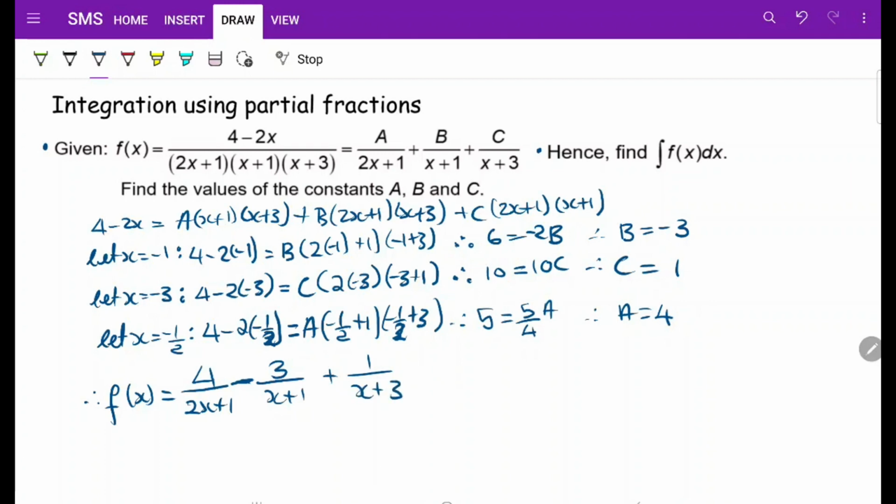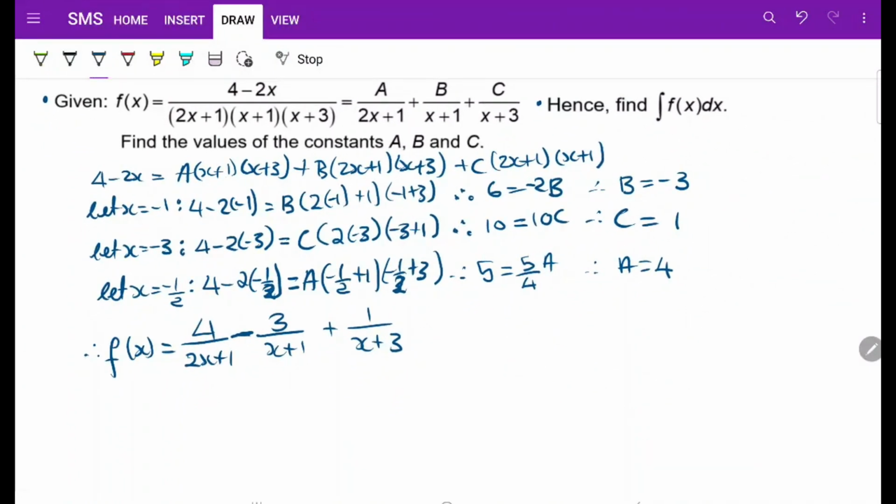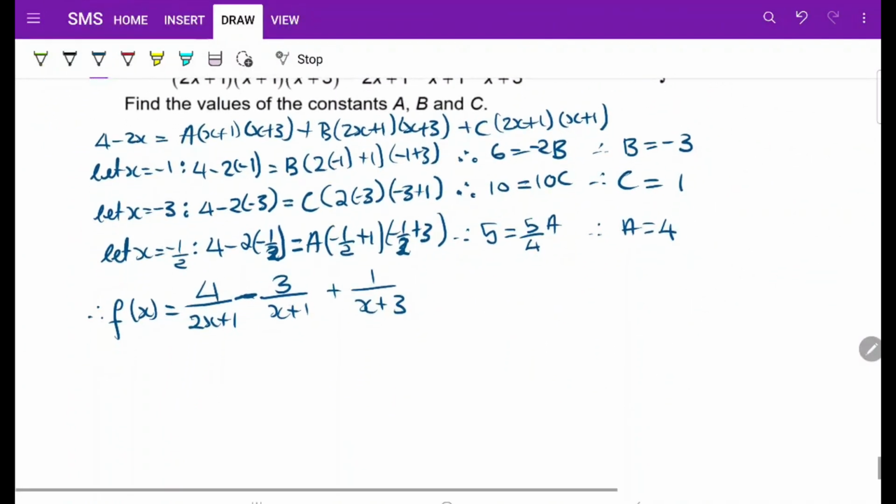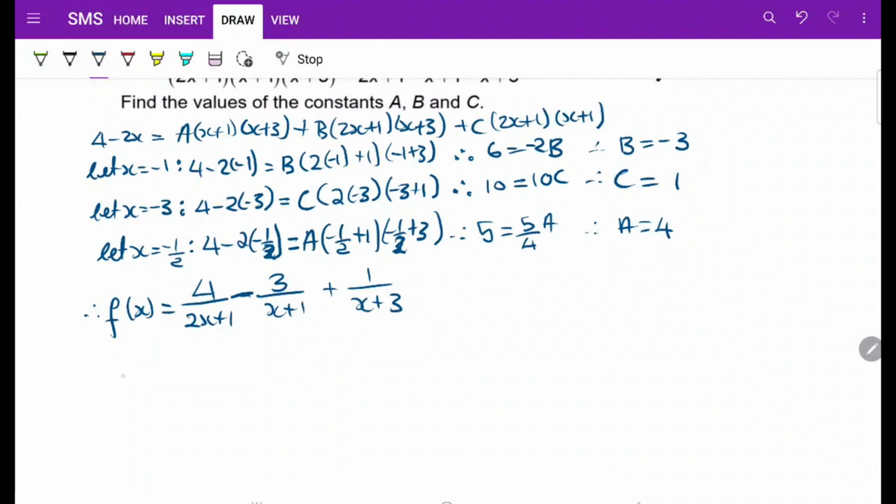So we have been able to find the values of a, b, and c, and what that means is that f of x now becomes this particular integral. It becomes the integral of 4 over 2x plus 1 minus 3 over x plus 1 plus 1 over x plus 3 dx. And this is what f is.